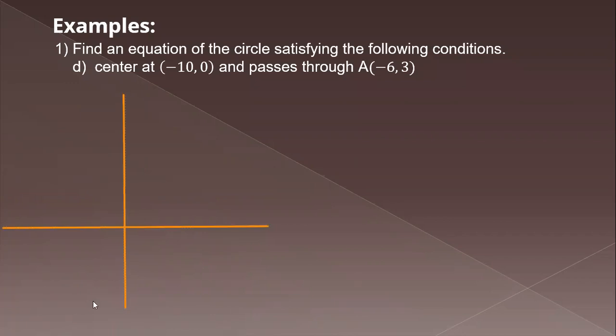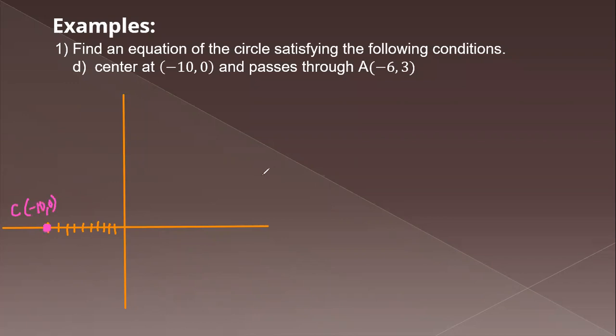Okay, so let's have -10, 0. We have 1, 2, 3, 4, 5, 6, 7, 8, 9, 10. -10, 0. Let's change the color. So this is -10, 0. That is the center of the circle.